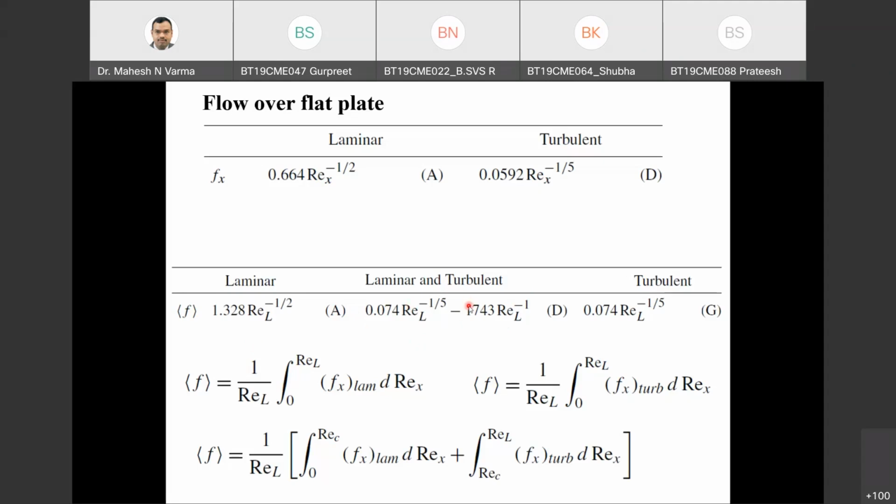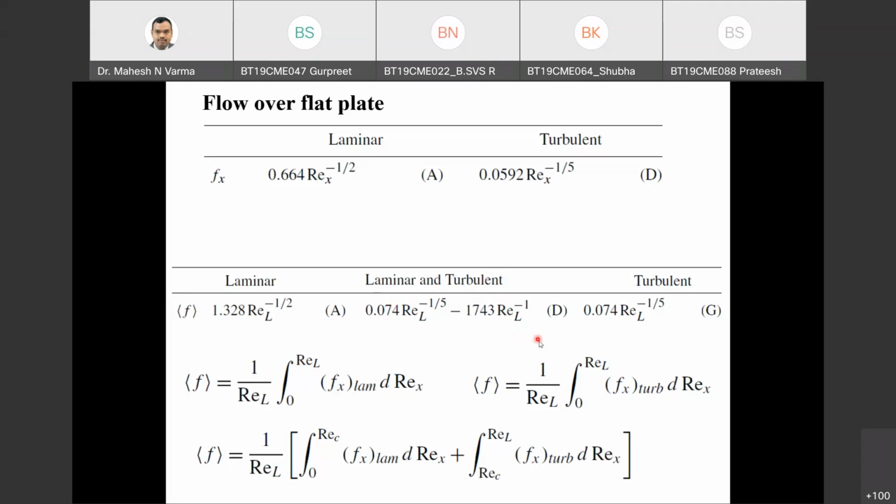So I'm getting 0.037 REL power 4 by 5 minus 871 Prandtl 1 by 3. And this whole is multiplied by Prandtl number raised to 1 by 3. Yes, sir.